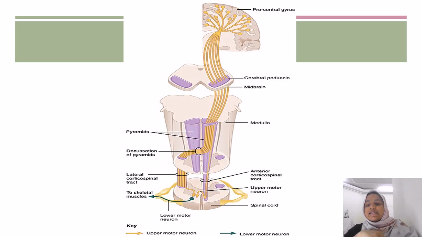Now we'll just discuss the motor tract also, because when a patient comes with hemiplegia, that means the motor tract is affected. The motor tract comes from the motor cortex, but not just from the motor cortex. Some fibers come from the accessory motor cortex and also from the sensory cortex.